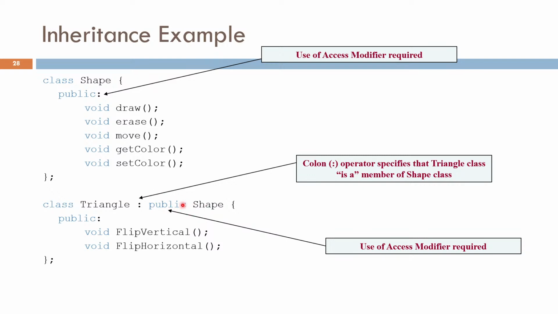This gives you access to all of shape's member functions, and if we had any data members, it would give us access to them too. In addition, even though we inherit from shape, triangle can have its own individual functions, defined within the triangle class: flip vertical and flip horizontal.